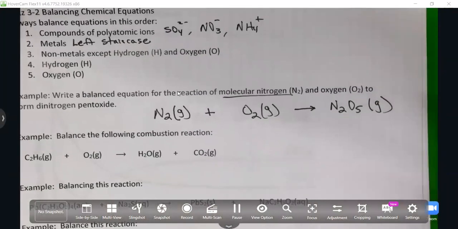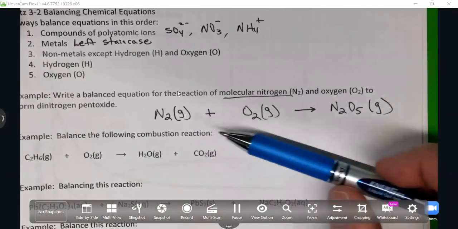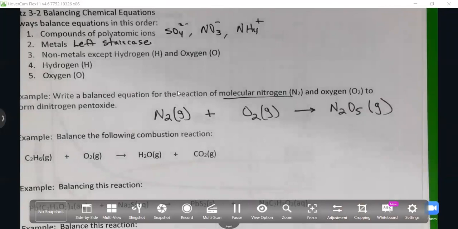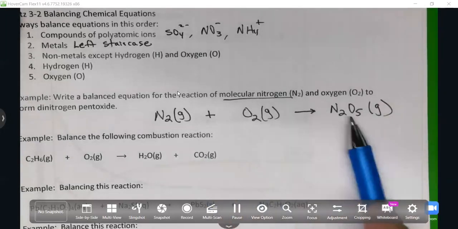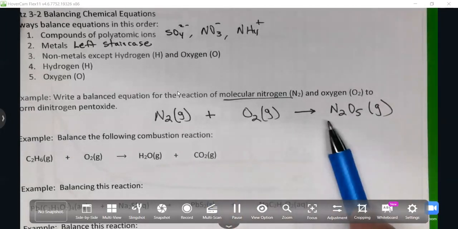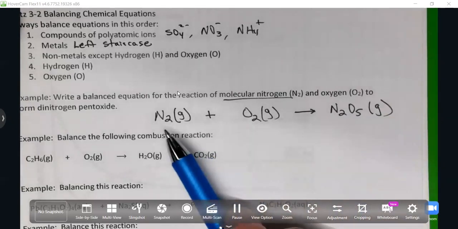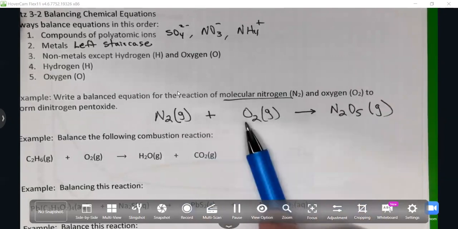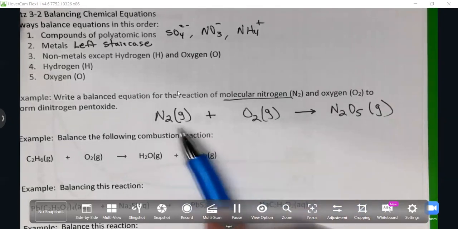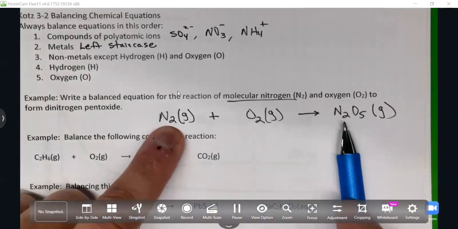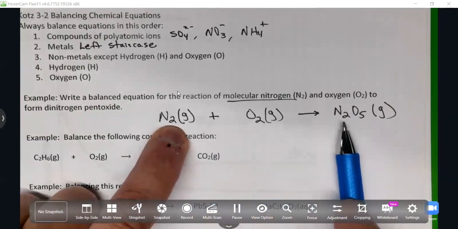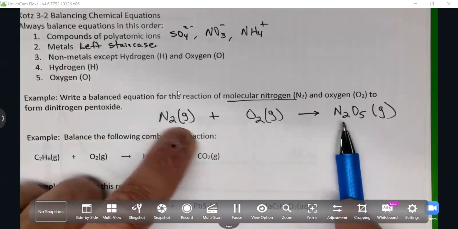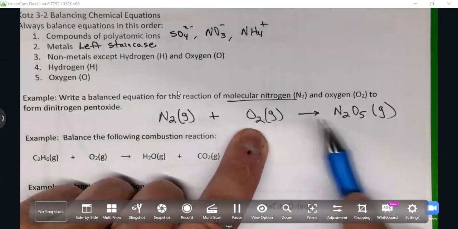Now, we do not have any polyatomic ions in here, right? There's no nitrates, phosphates, nothing in parentheses. We don't have any metals. And if we want to do oxygen last, we better do nitrogen first, huh? But we have 2 nitrogen and 2 nitrogens, so that's good. Now oxygen. 2 here, 5 here.